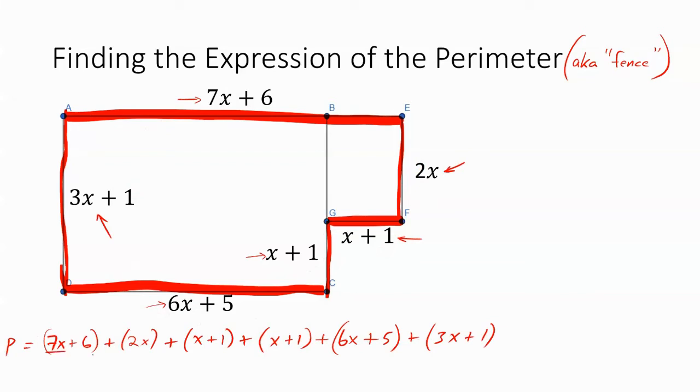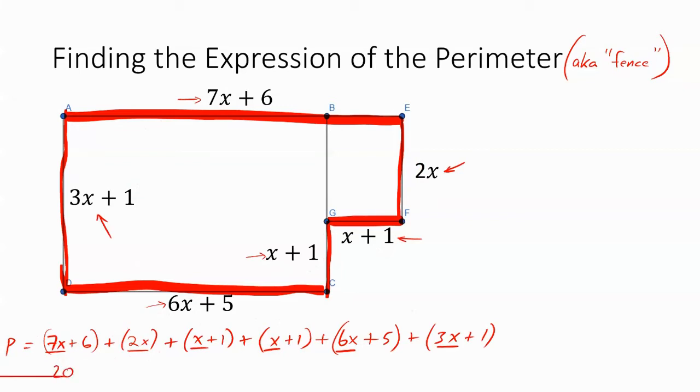We have the 7x plus the 2x plus the 1x plus another 1x plus 6x plus a 3x. So let's combine those first. 7 plus 2 is 9, then 9 plus 1 is 10, plus another 1, 11, and 11 plus 6 is 17, and then 17 plus the 3 is 20.